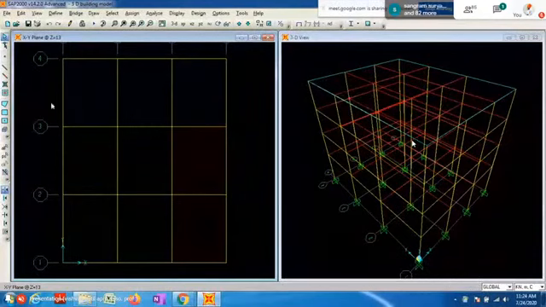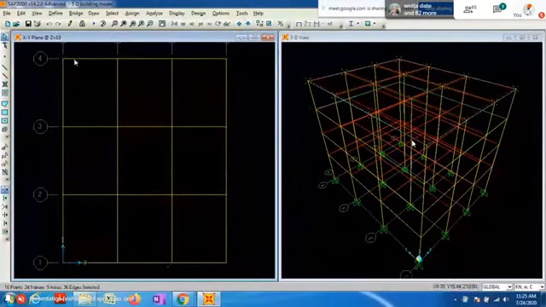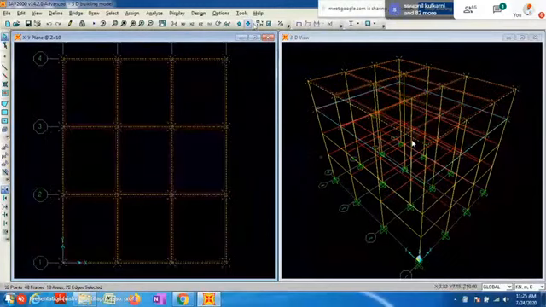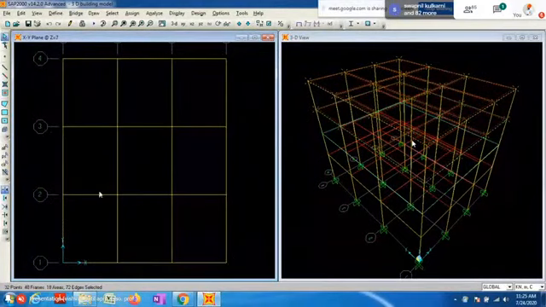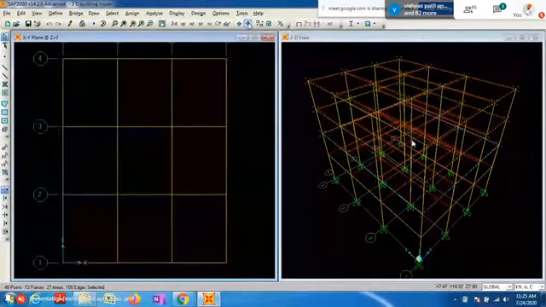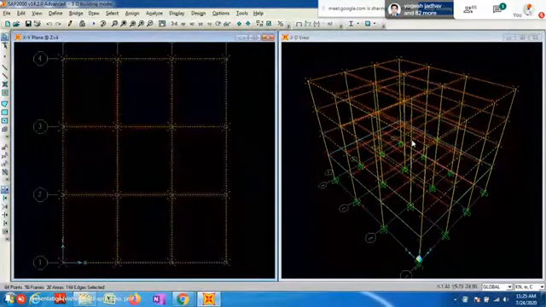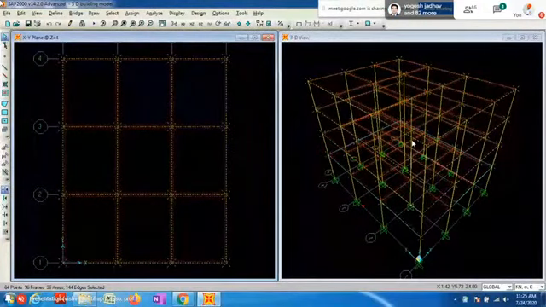Select this. How to give a diaphragm command? I will explain. Select all, then go for next. Select all the slabs, then go for next. Okay, now all the slabs have been selected.